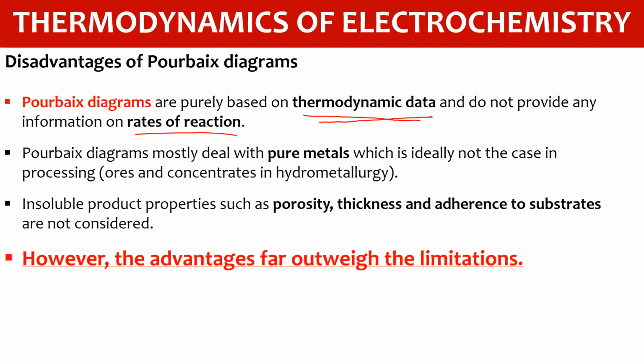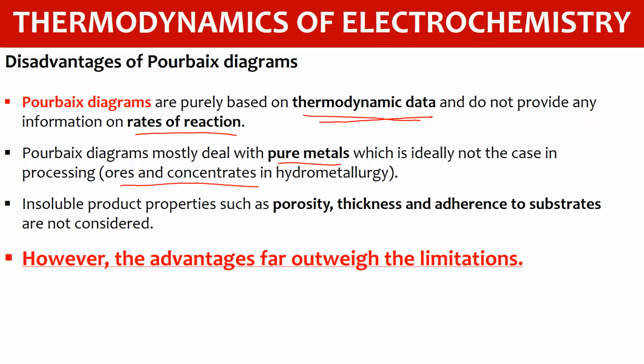Another disadvantage is that mostly Pourbaix diagrams are dealt with using pure metals, which is ideally not the case, because when you are processing, you actually have ores and concentrates, and even very low grade values in your slurry, or whatever medium you use for conducting these hydrometallurgical processes.